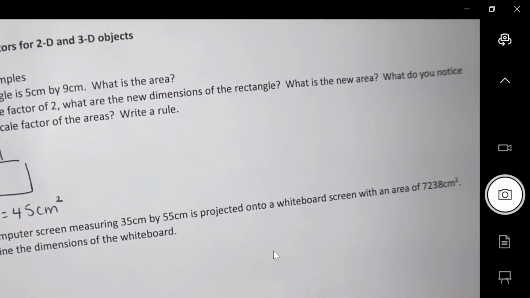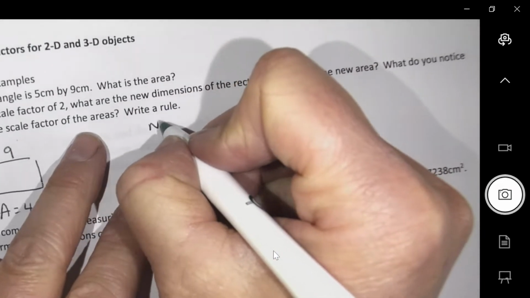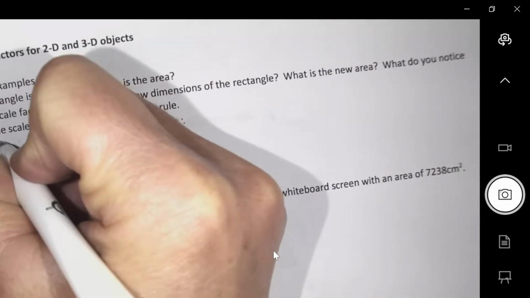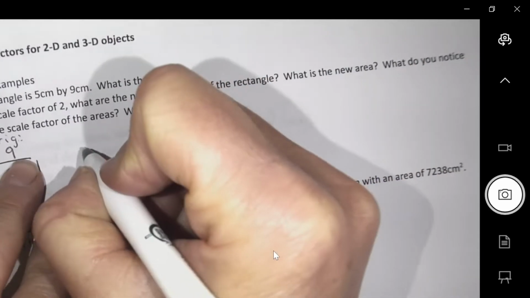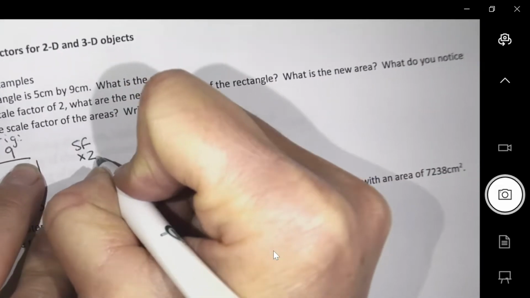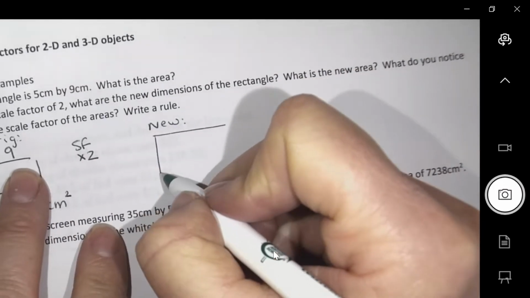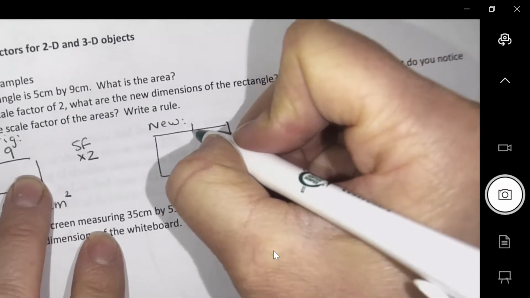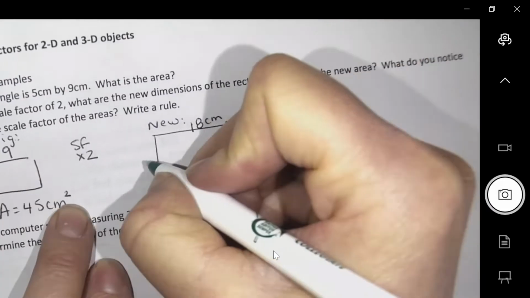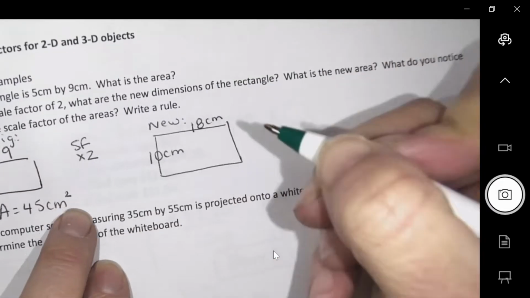Using a scale factor of 2, what are the dimensions of the new rectangle? If I scale the sides by 2, my new rectangle will be 18 centimeters by 10 centimeters.